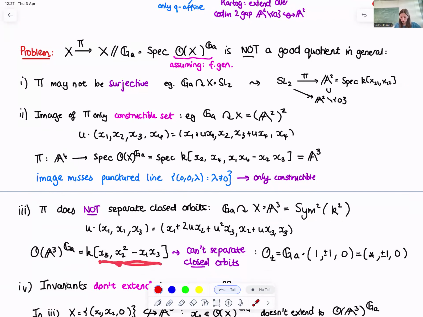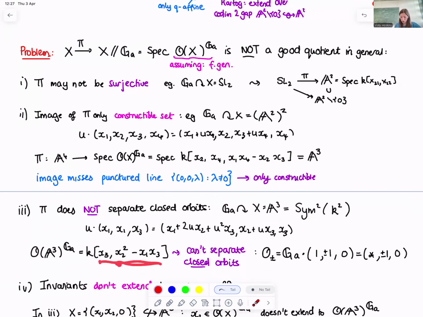Another problem with actions of the additive group is that invariants don't extend to the ambient affine space. That's a key feature of reductive GIT, that often you can just work with the ambient affine or the ambient projective space and do everything there, but you can't for non-reductive groups.